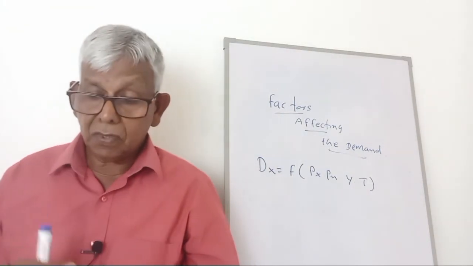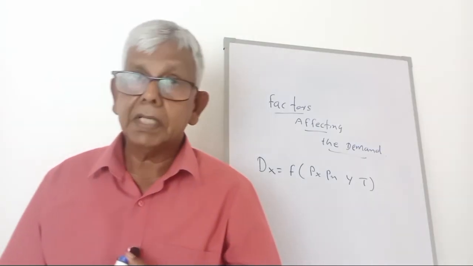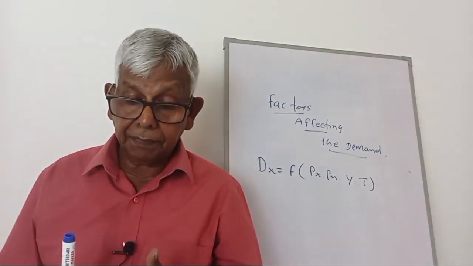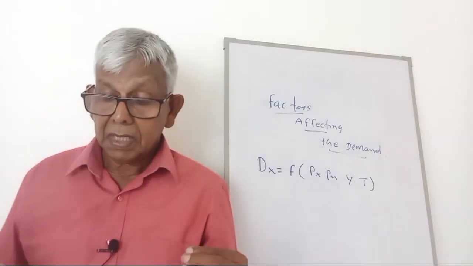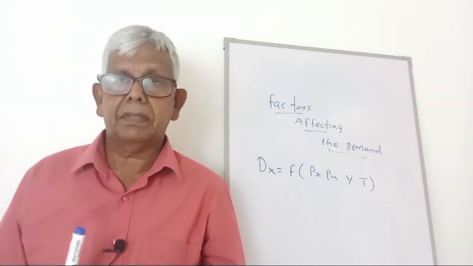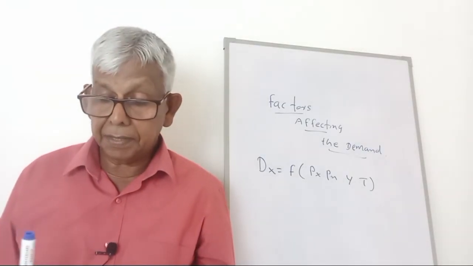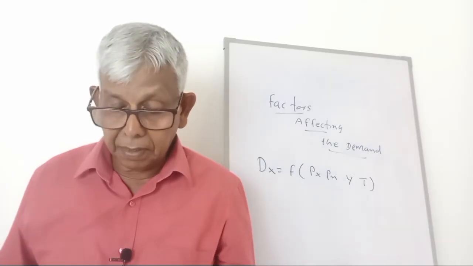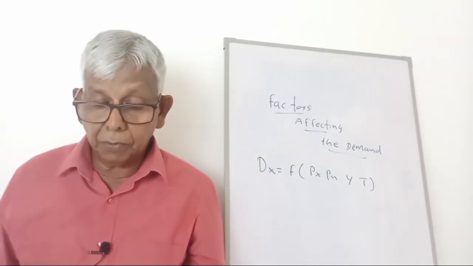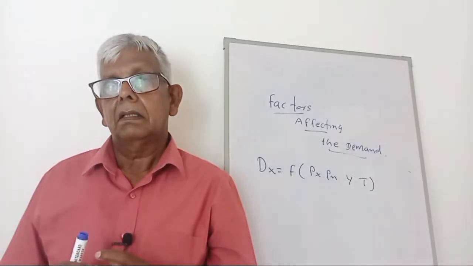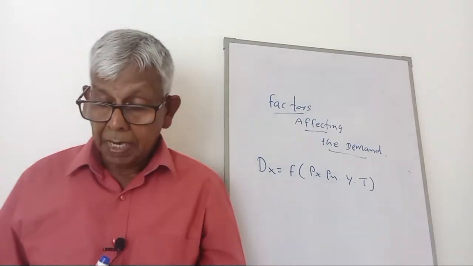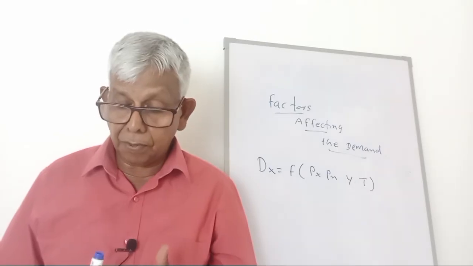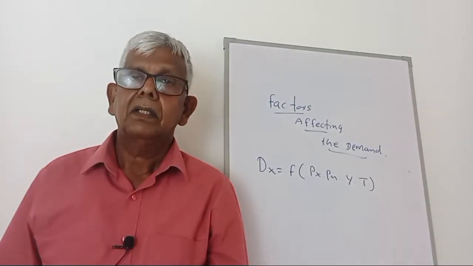If the price of a particular good decreases while all other factors remain constant, that good becomes relatively cheaper compared with other goods in the market, and therefore the consumer tends to buy more of that good.